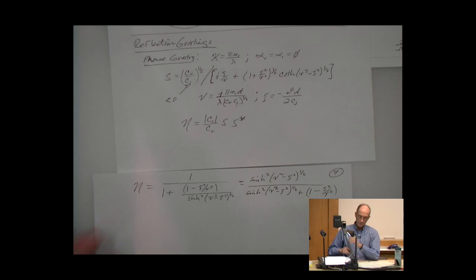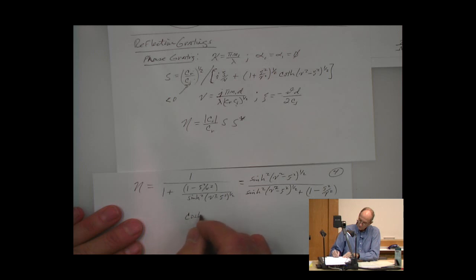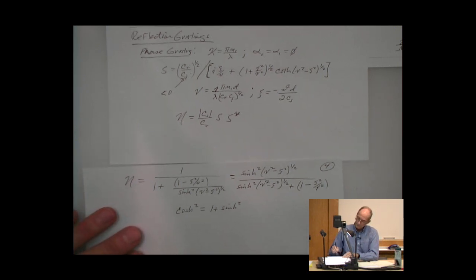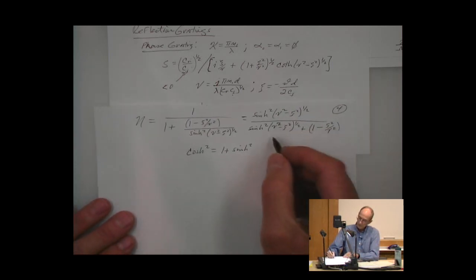Okay. Now, notice that cosh squared is equal to 1 plus sinh squared. All right, and so that's handy, because here we have that, right?